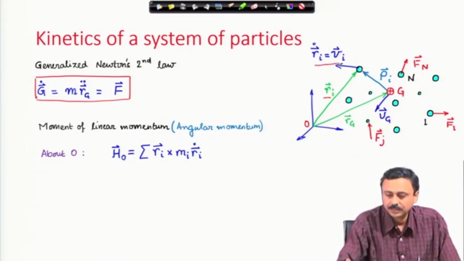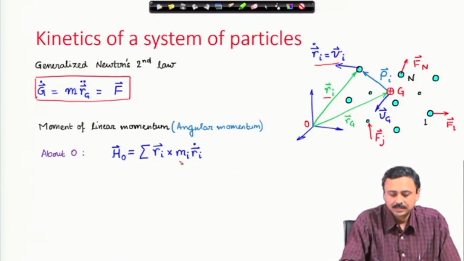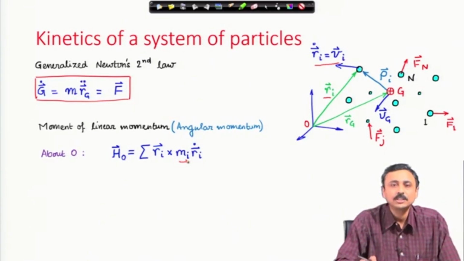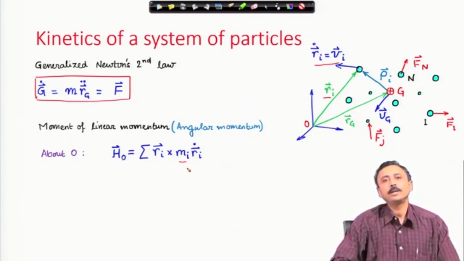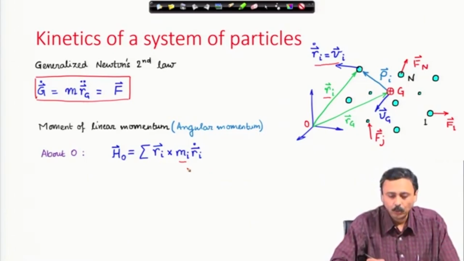This is the velocity, mass of the ith particle times the absolute velocity, that means the velocity that is recorded or measured by the inertial observer, gives us the linear momentum in the inertial frame. Moment of this linear momentum summed over all particles is the angular momentum calculated about the point O.